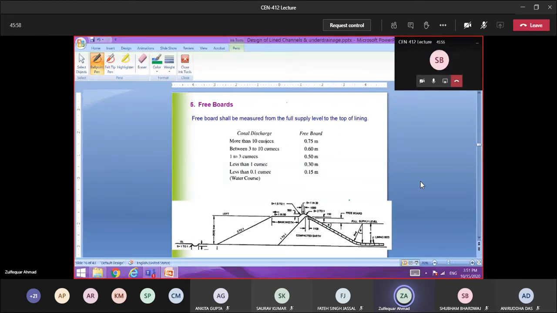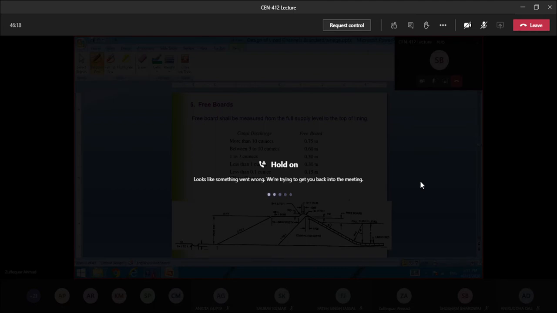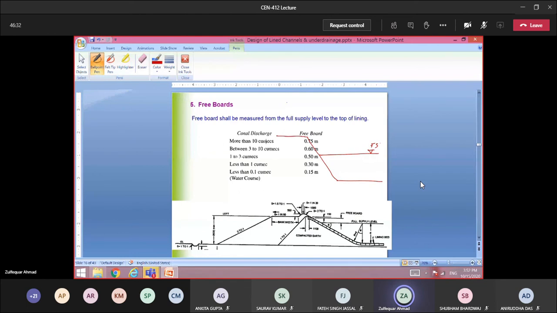Then coming to the freeboard. Now the freeboard in this case is not defined as we had defined in the case of the lined channel. In the line depth or full supply level.